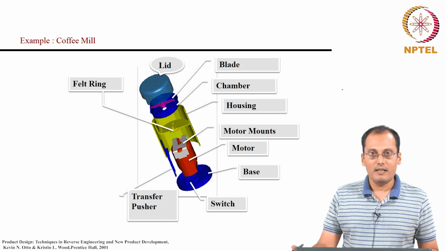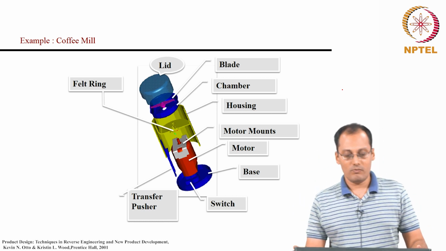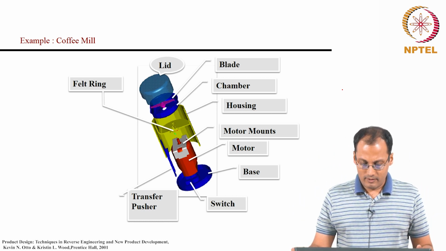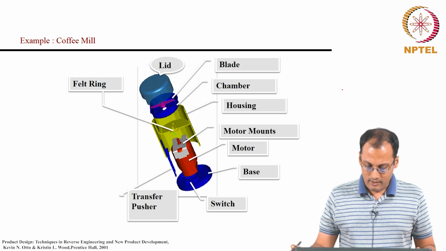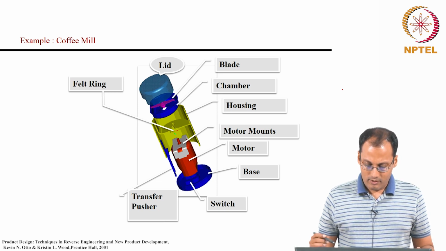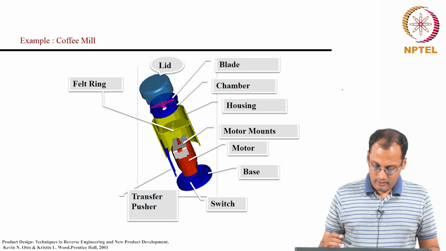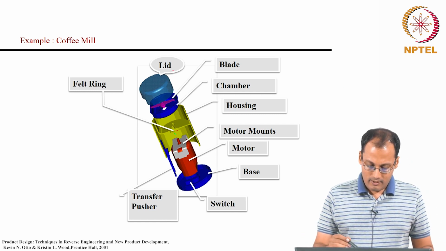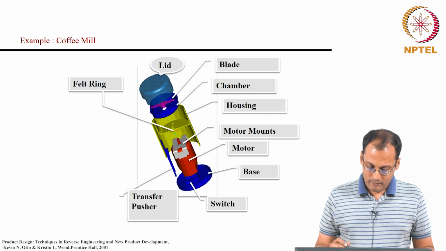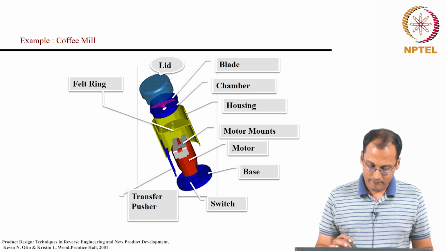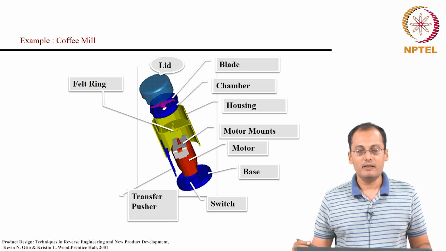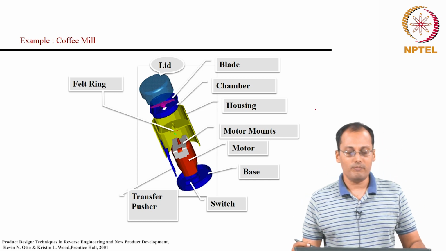So, let us take one example, a consumer product. Here you see a coffee mill. So, it constitutes different parts. This is a CAD drawing. So, you can see that there is a motor which is driving the blade which will mill the coffee to make coffee powder.